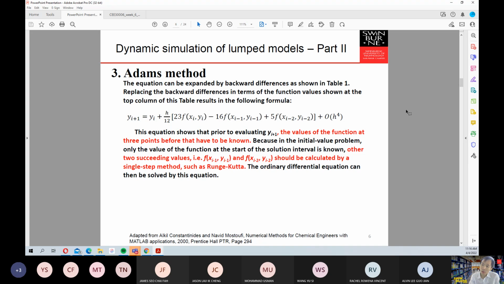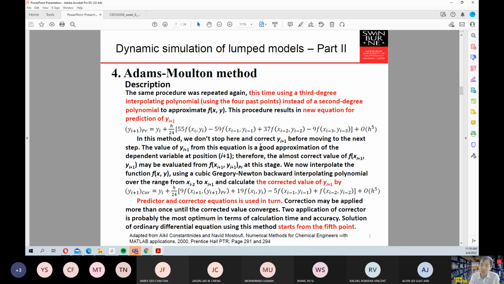The thing that is important in here is that this is of the order of the step size raised to 4, meaning that the error will be very, very small if you use this Adams method. So what's the difference with the Adams-Moulton method? The Adams-Moulton method is the same, except you are using a third-degree interpolating polynomial.